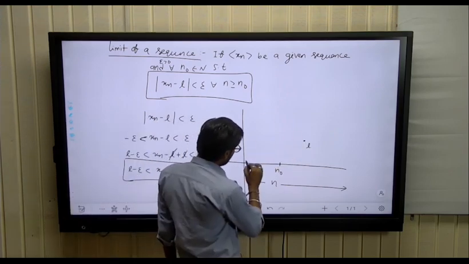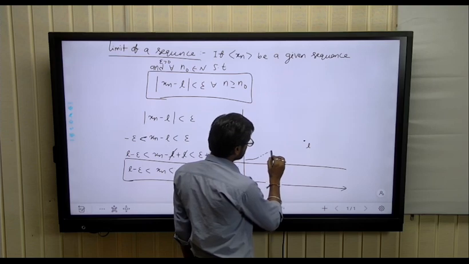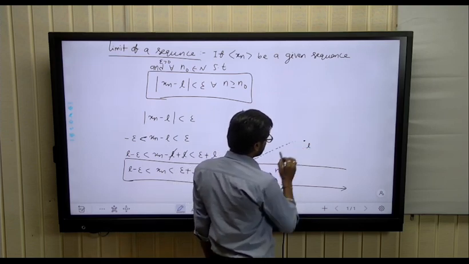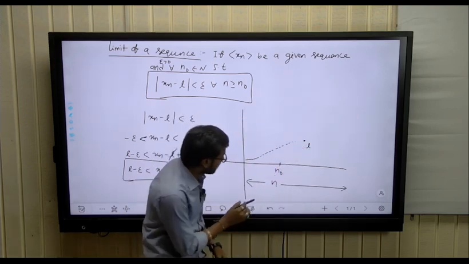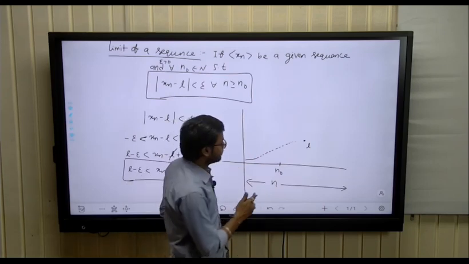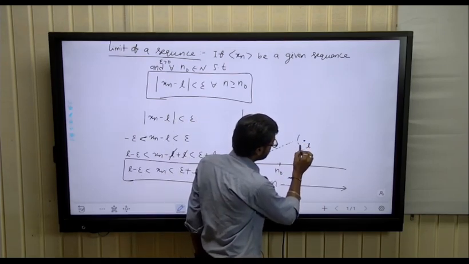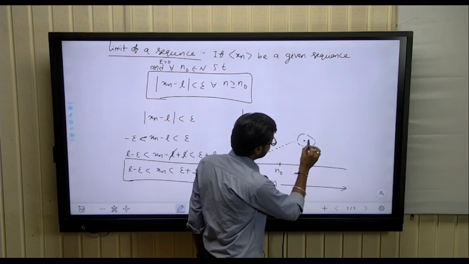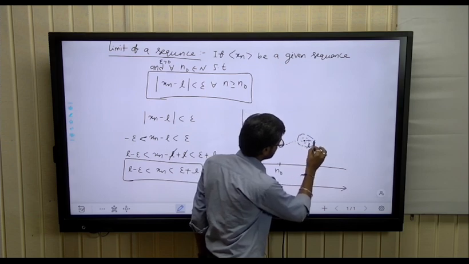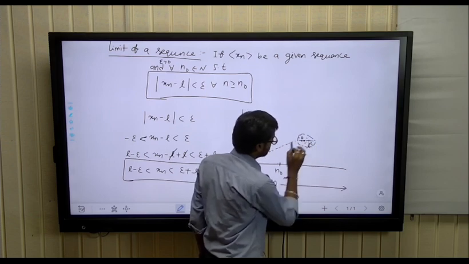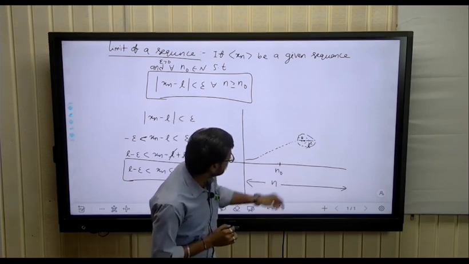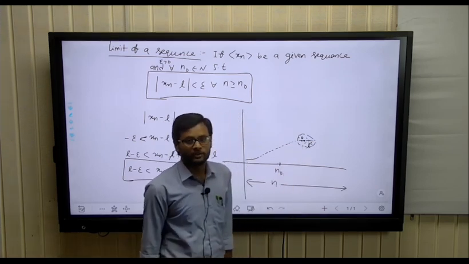Now we say that if we go further, when the terms of the sequence cross the value of n naught, they come from around L. This is the epsilon, this is the minus epsilon. Now we say that L is a limit of a sequence.